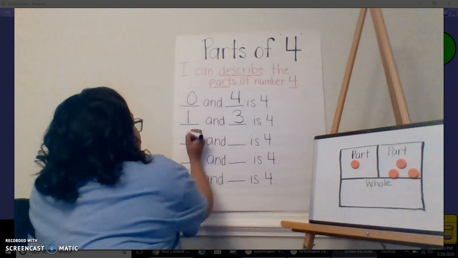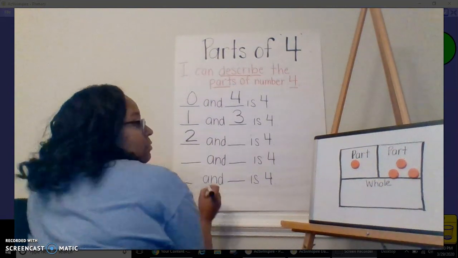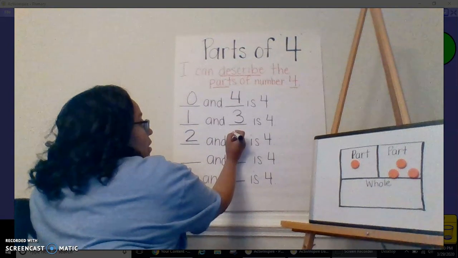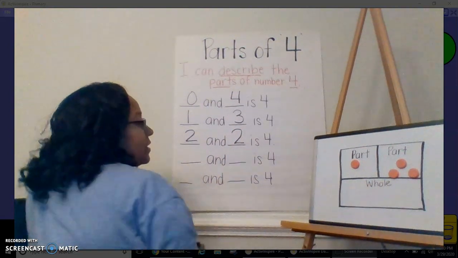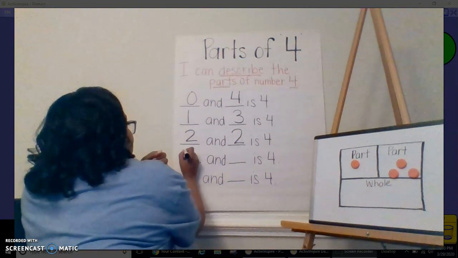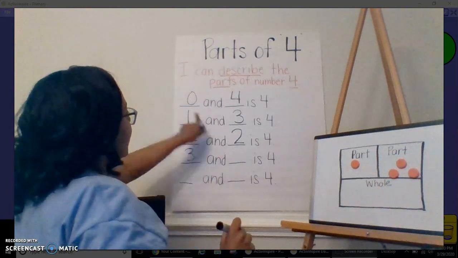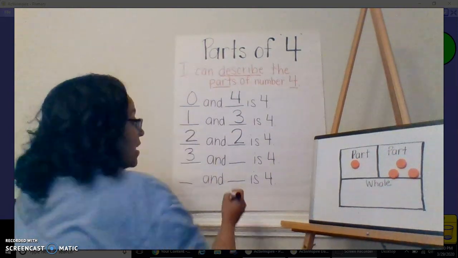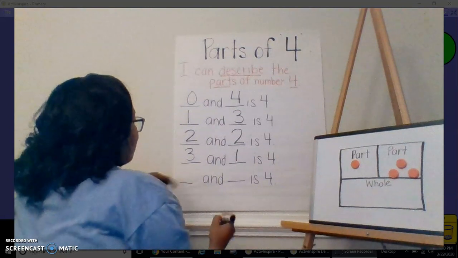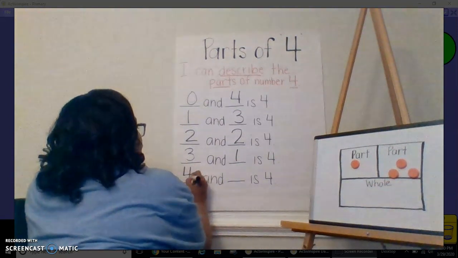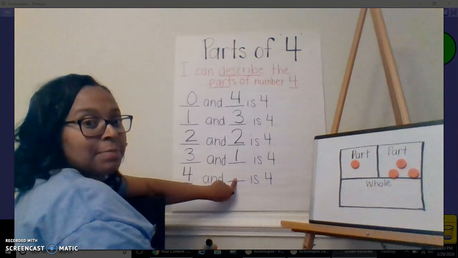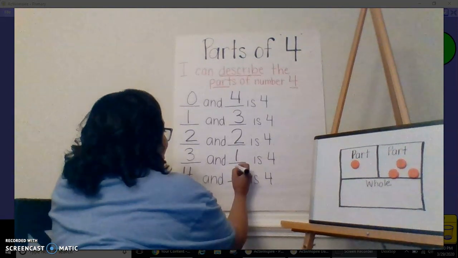And then I can do 2. What's the other part? 2 is 4. What if I had 3 on this side? What's the opposite of 3 when we're working with 4? That's 1. And then we're going to draw it with 4. And that means the other part is going to be 0.